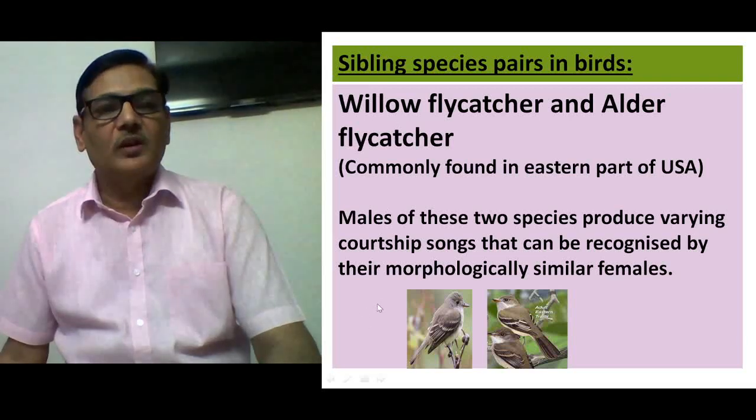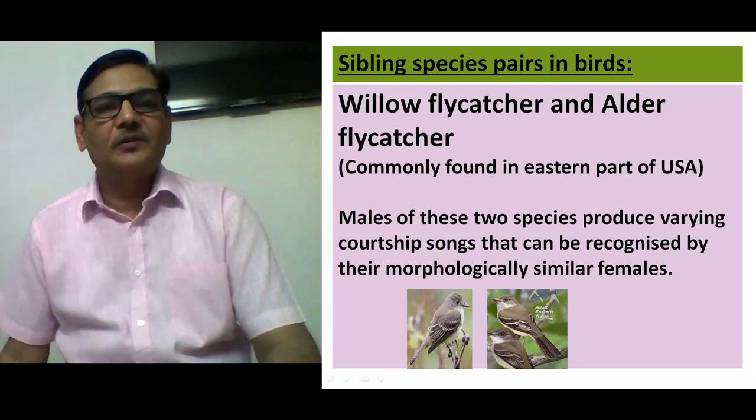But they look quite similar. In this lower picture, you can see the external appearance of this Willow flycatcher, this first one, which is quite identical with the other one, the Alder flycatcher.